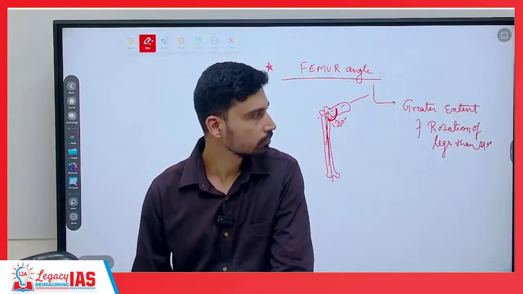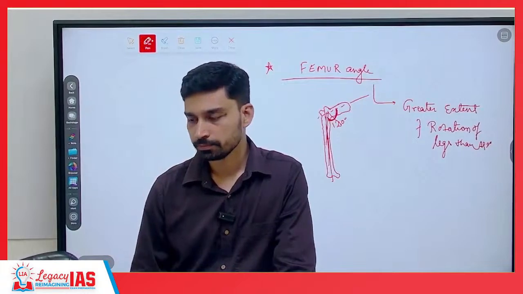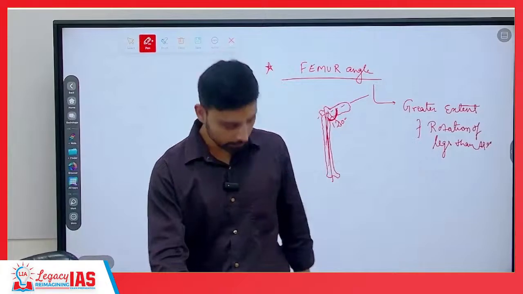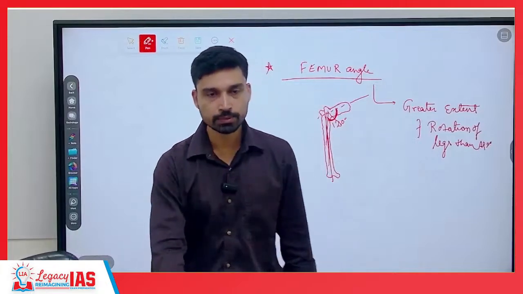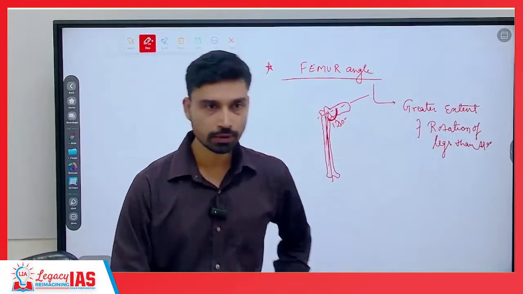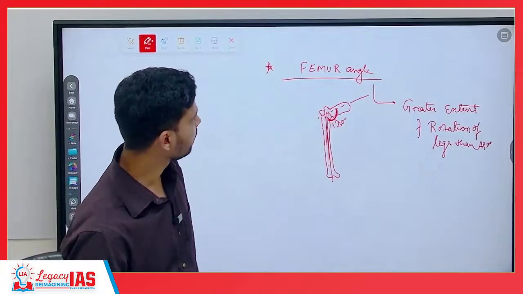If the apes are standing like this, we can move our legs like this. Apes cannot move like this. They have to move their entire body if they want to turn in this direction. So our legs are able to move more freely because of this attachment angle.